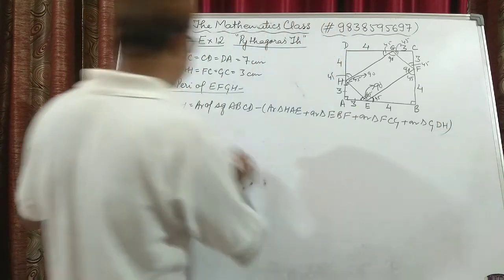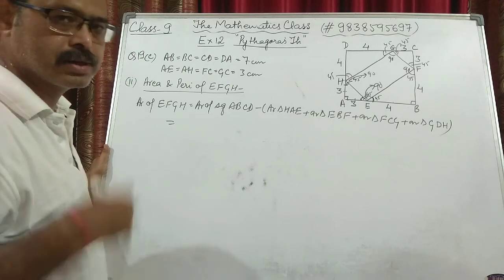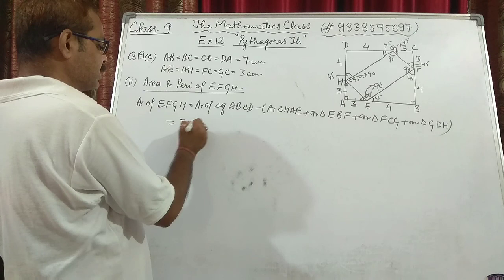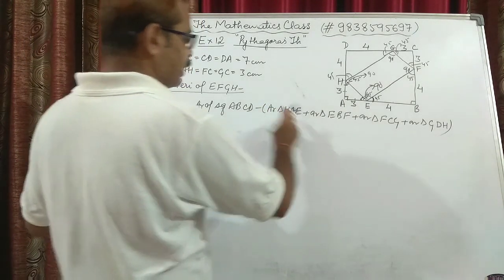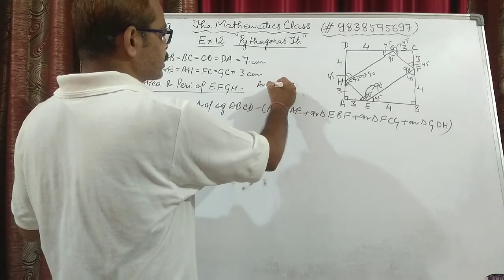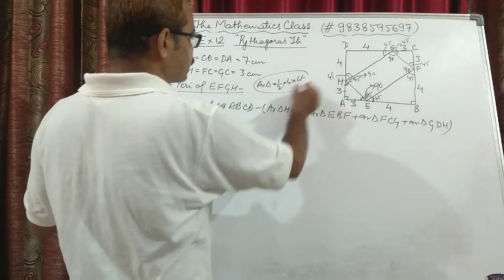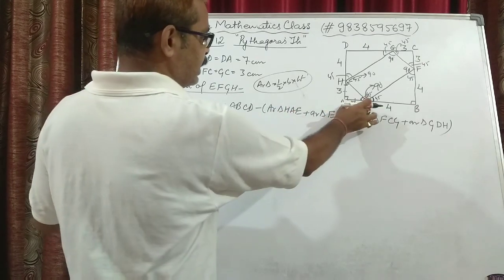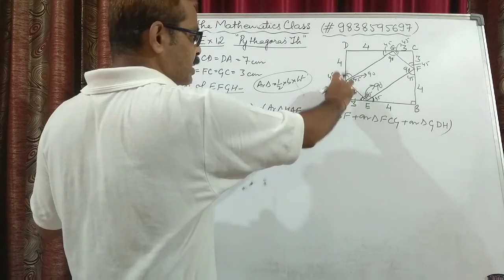GDH. Now we know that the area of the square is side into side. Side is given 7, so area will be 7 into 7 minus. When we talk about HAE, the area of a triangle we know is half into base into height. So using this formula, in this HAE, AE can be considered as base and AH can be considered as height.